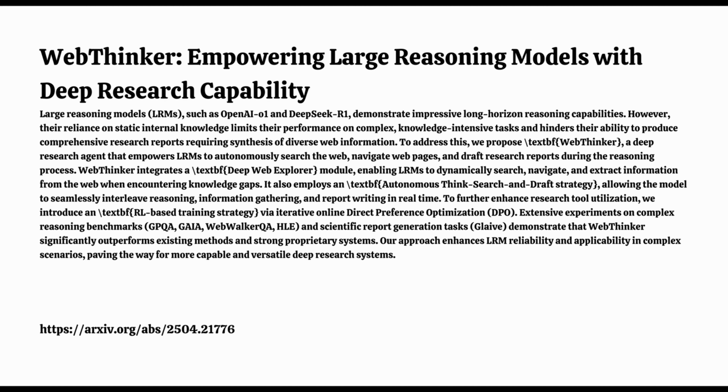Okay, that sounds powerful. Let's break down this deep research agent. How does it actually work? What are the main parts? It's built on two core modules. First, there's the Deep Web Explorer. Deep Web Explorer, all right. This is the part that handles the active searching and navigating. It can run dynamic searches when the LRM realizes it needs more info. Dynamic meaning tailored to the specific gap it found. Yes, and it doesn't just look at search results.